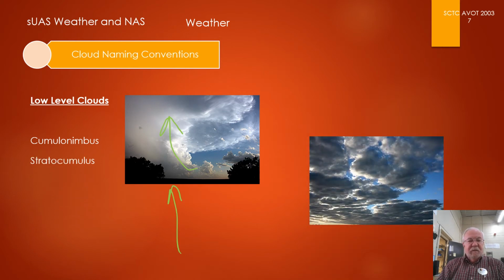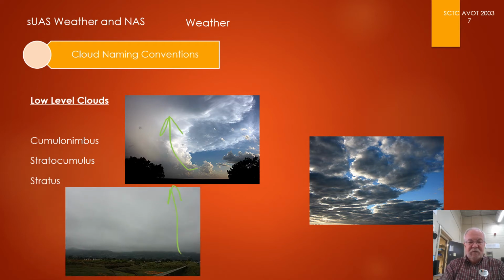Then we have stratocumulus, which are low-level flattened clouds. Then we have this stratus, which is like a typical overcast, wintry day, will consist of stratus clouds.